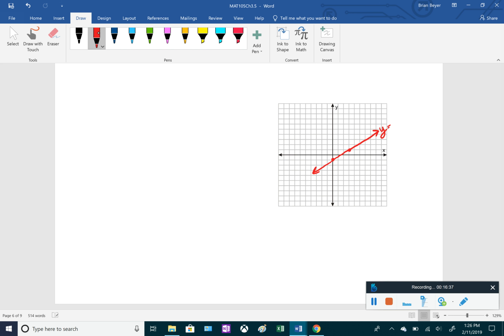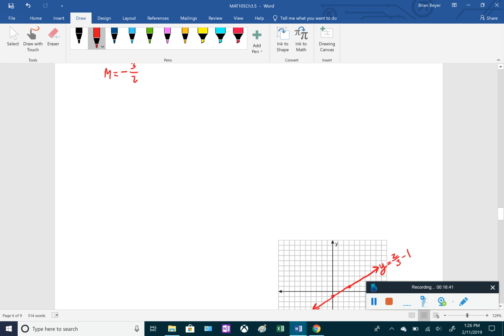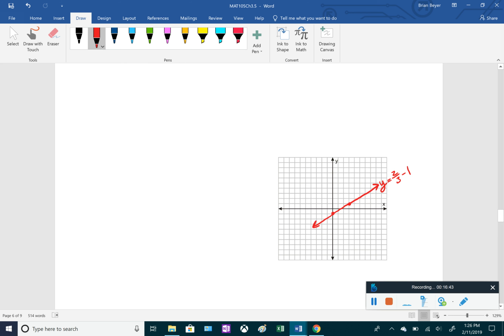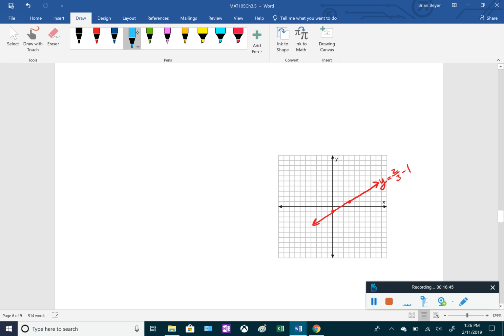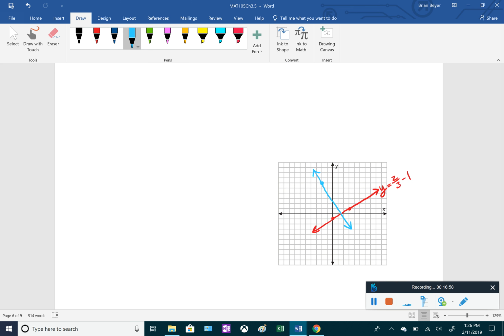Our line needs to be perpendicular to this one, and it also needs to be passing through the point -2, 6. So -2, 6 is about right here. We already know it's going to look something like this, because it has to be perpendicular, but let's see what it actually is.